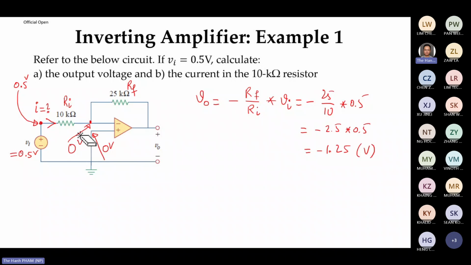Here is 0.5 volt. This end is 0 volt. So you can apply Ohm's law here. Ohm's law tells you this I should be 0.5 minus 0 over 10 kilo ohm.